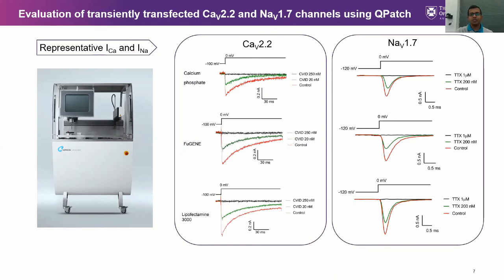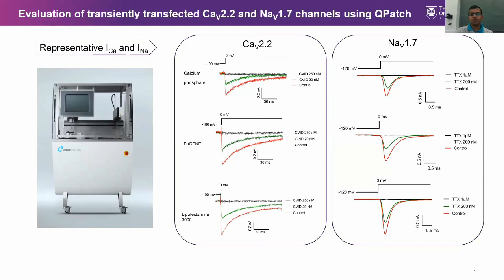Here I am showing the representative calcium and sodium currents obtained from QPatch. For CaV2.2 currents, the depolarization to Vmax from a holding potential of -100 mV was done for 120 milliseconds before and after perfusion of 20 nanomolar and 250 nanomolar CVID. And from the graph, you can see that 250 nanomolar CVID completely blocks the current.